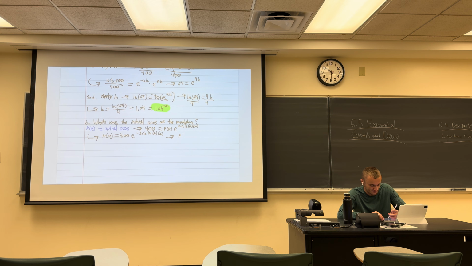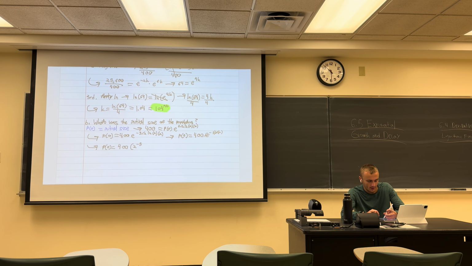So we have p of 0 equals 400 e to the negative 3 ln of 2. Well, we know ln and e cancel each other out, so we can say p of 0 equals 400, canceling the ln and the e, times 2 to the negative 3.